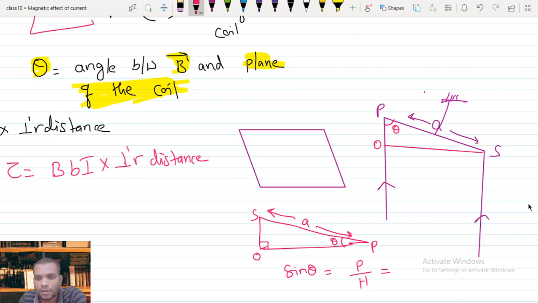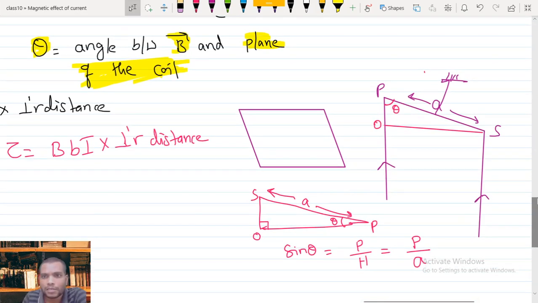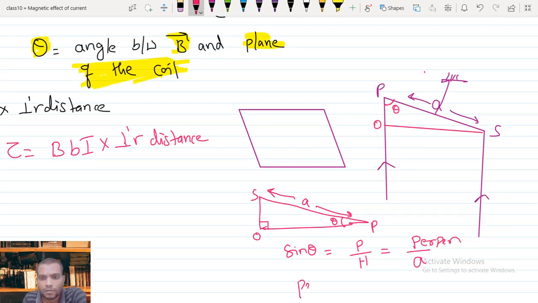Your hypotenuse equals a, so perpendicular upon a. Now we got the perpendicular distance, which is nothing but P to O. Perpendicular equal to a sine theta.